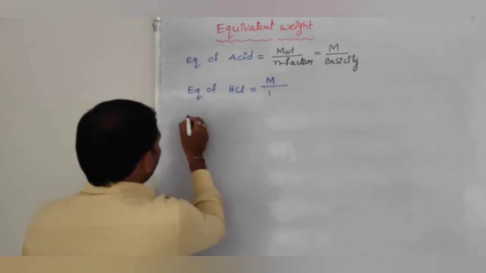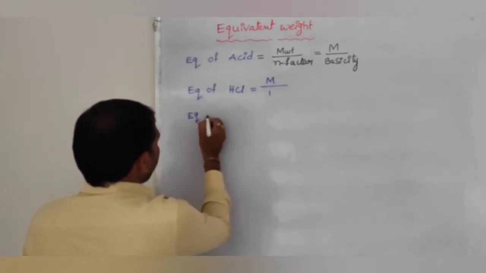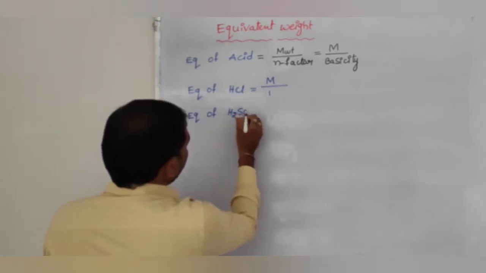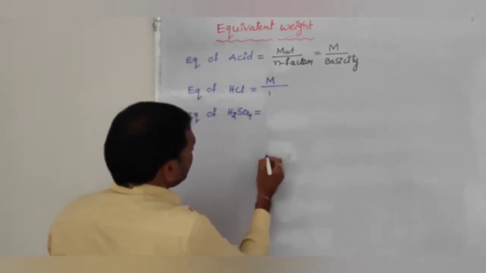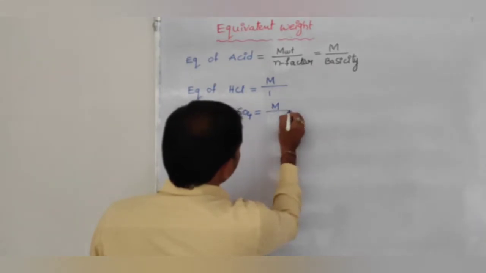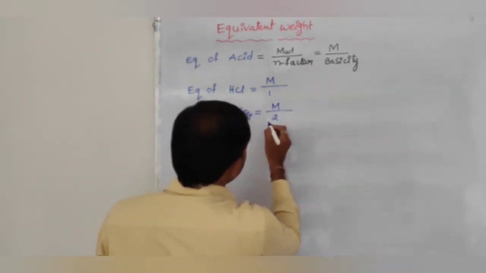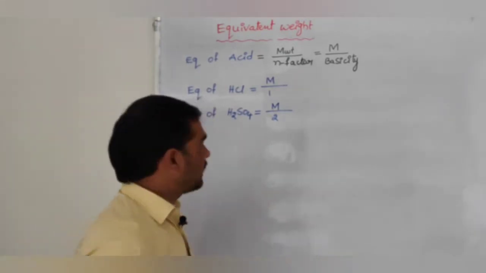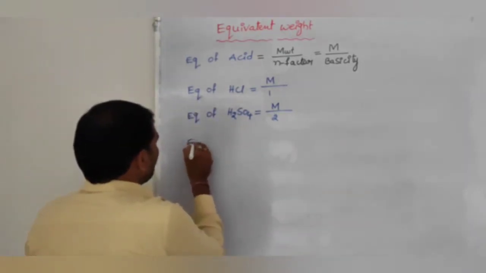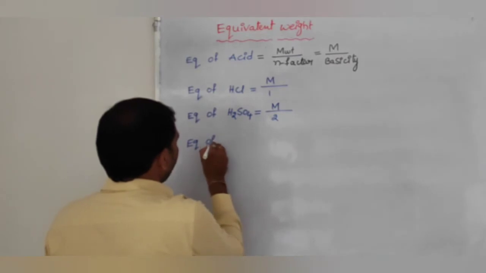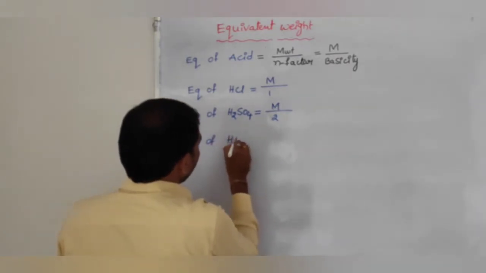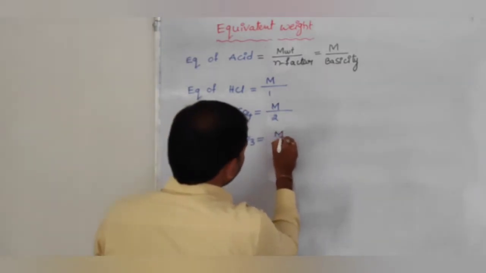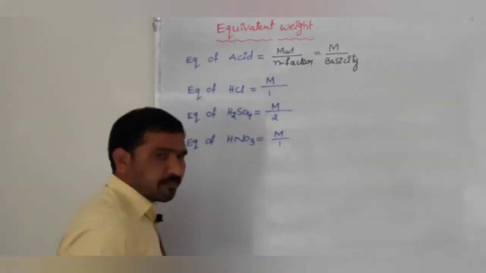Then the equivalent weight of H2SO4, sulfuric acid, is equal to molecular mass divided by n factor 2, because it produces 2 H plus ions. Is it clear? Then equivalent weight of HNO3, nitric acid, is molecular mass divided by n factor 1, right?